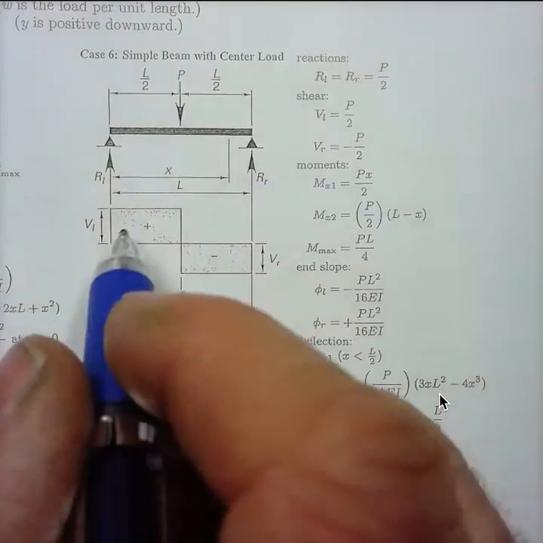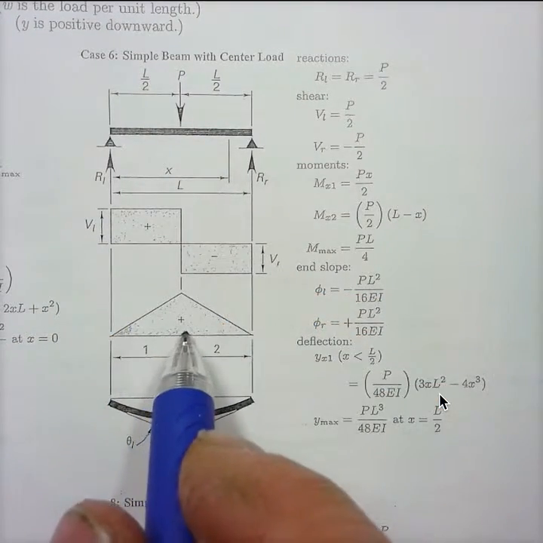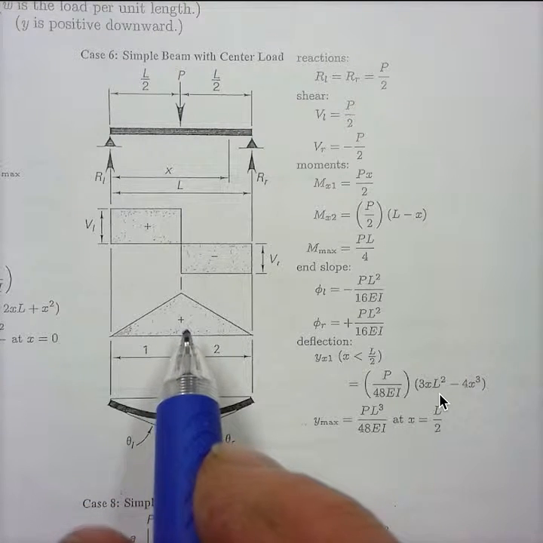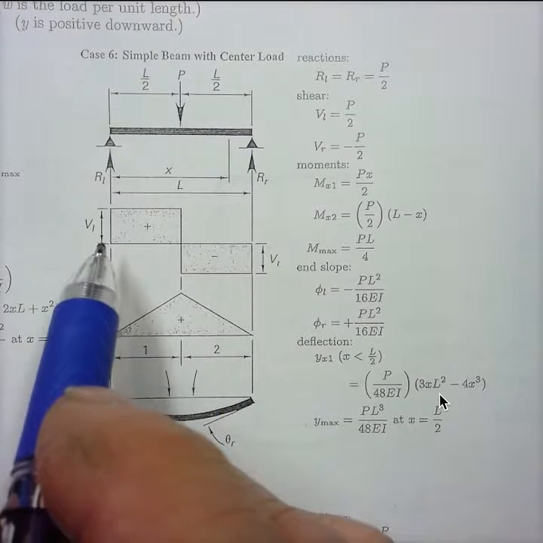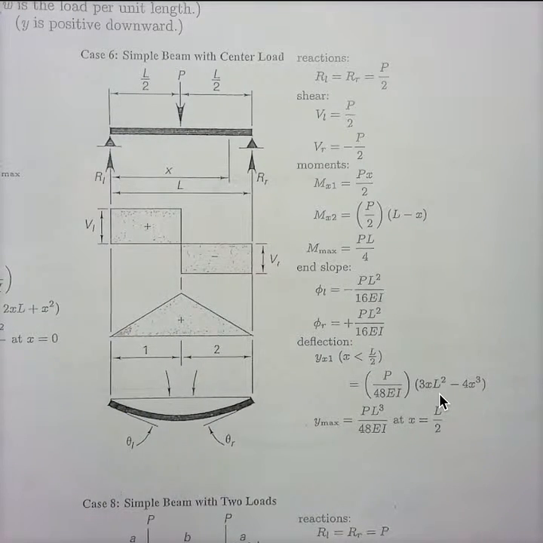So one thing we should see is the shear diagram, and another is the moment diagram. And those are very common expectations coming into the mechanics of materials class, the ability to draw shear and moment diagrams.